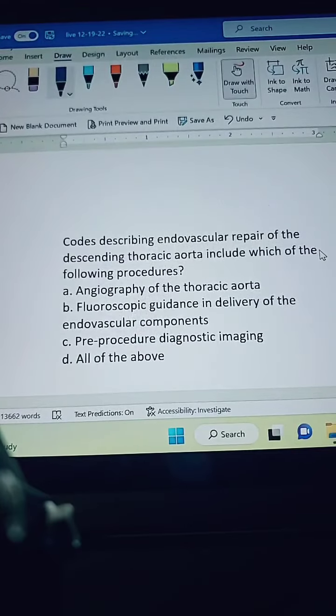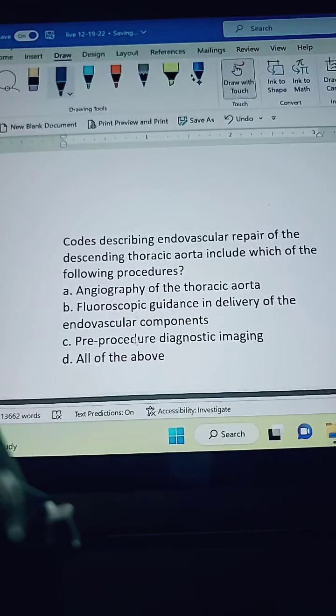And you see how I'm not reading every word of the question? I'm picking out a word here and a word there. What is AAPC's favorite answer? Because this one did come from them.